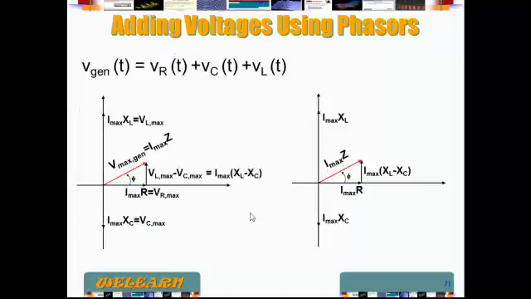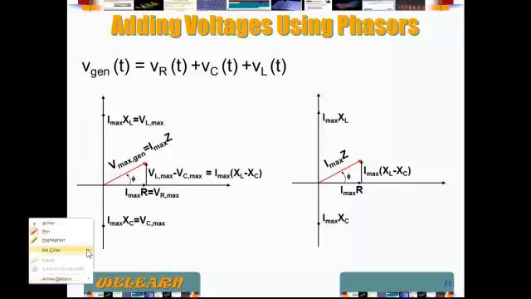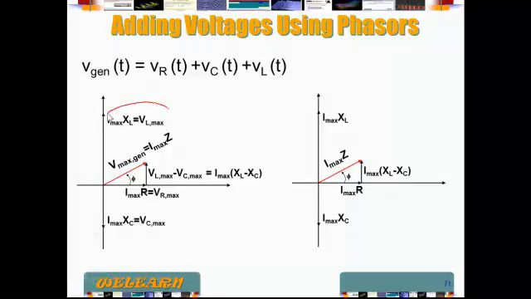Now, if we look at this a little bit further, we can remember that each of the maximum values is related to Imax with an expression similar to this.